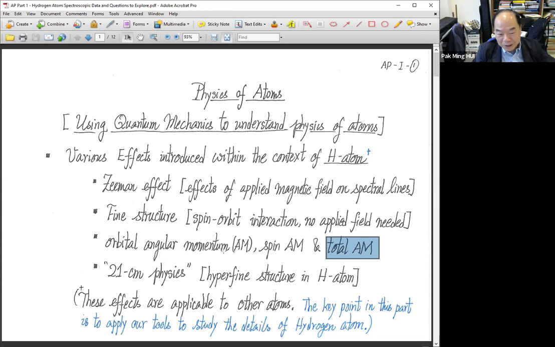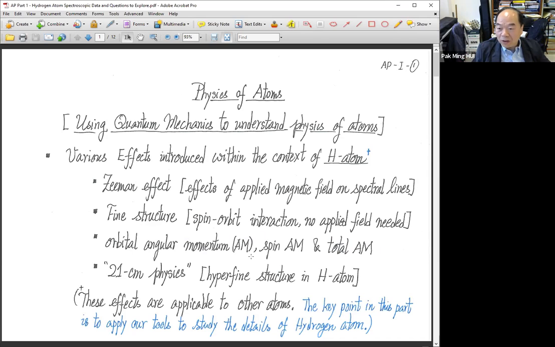So AM here is the shorthand for angular momentum. And even after we understand all this, suddenly, experimentally, there is a tiny splitting in the hydrogen spectrum as the apparatus became more and more sensitive.